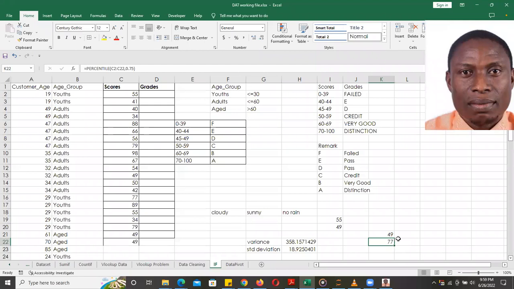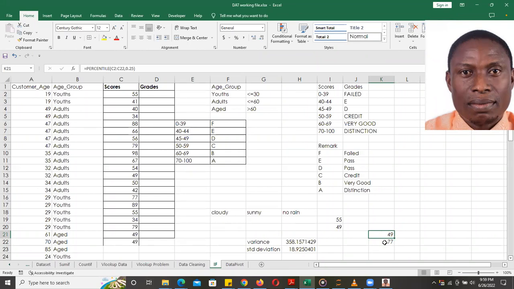What's the difference between percentile and percentage? Percentage, they use this term in statistics. 25 is still the same thing, 25% of the whole of this.